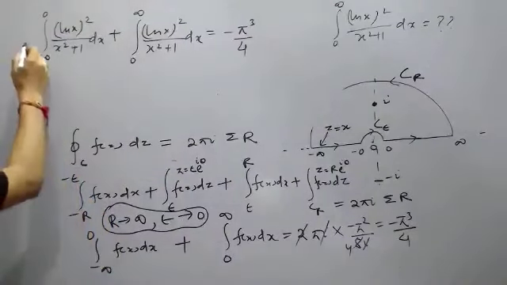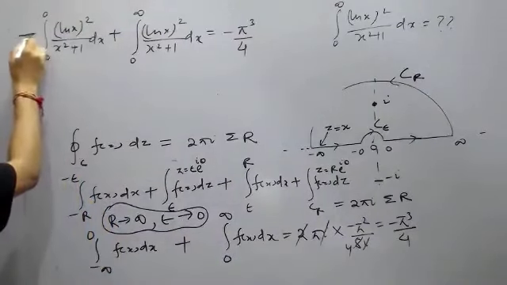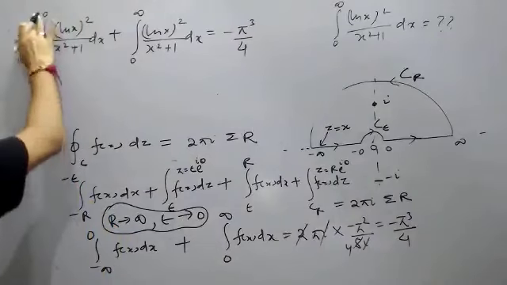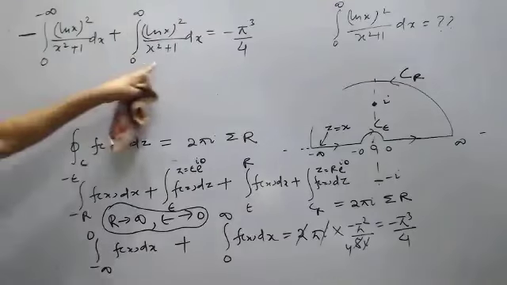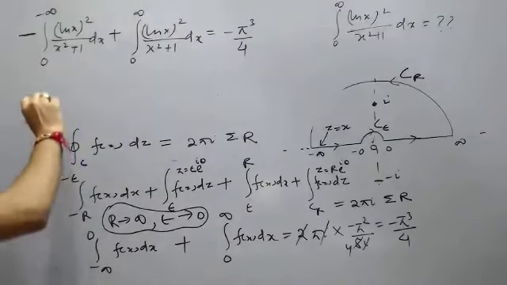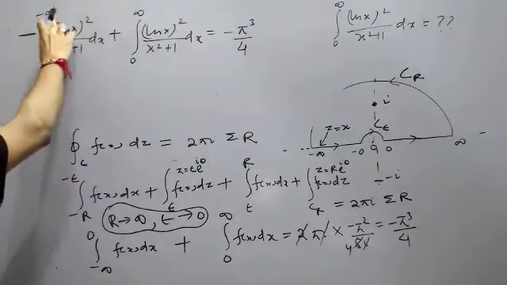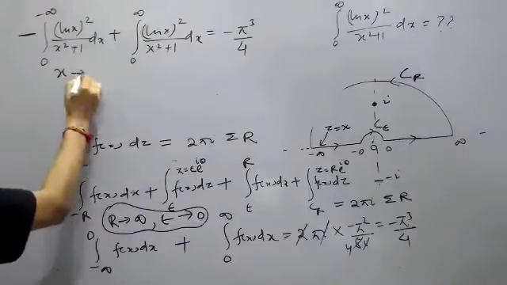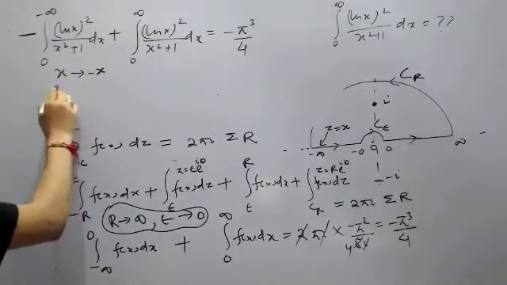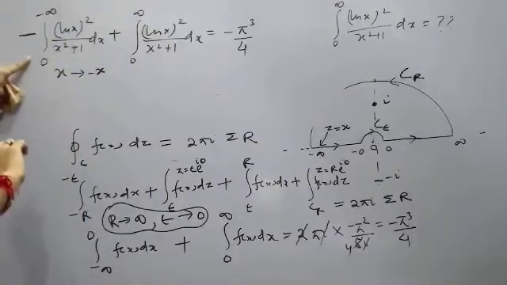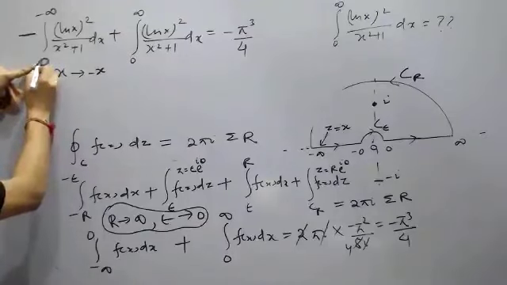So now I am putting a minus sign here. Please see it carefully. So it will become 0 to minus infinity. किसी को कोई problem? Upper limit changes to lower limit and lower limit changes to upper limit, because I want in this form na. And now what I am going to do is I don't want minus infinity here. So I can substitute x is equal to minus x in the above equation. Please see it carefully. 0 will become 0.